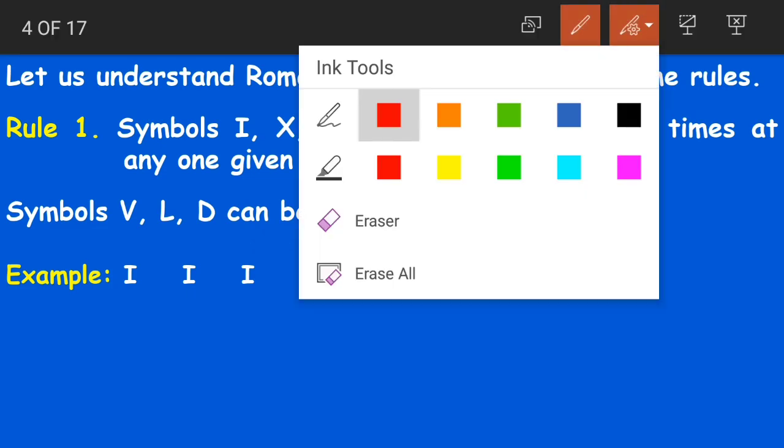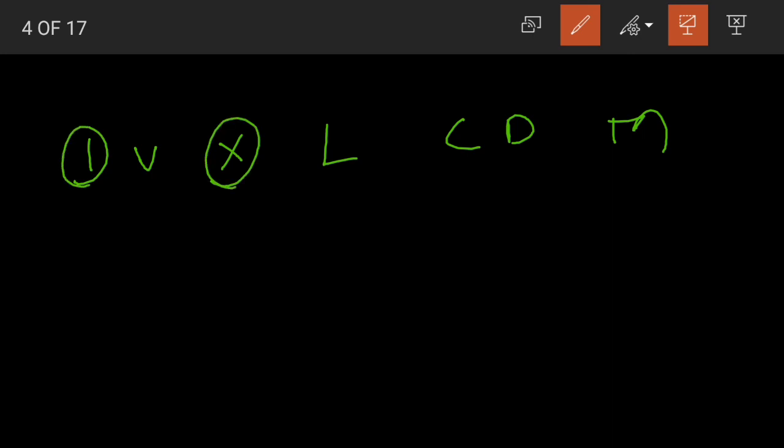Again, there is another easy way to remember this. We know these are the Roman numerals I, V, X, L, C, D, M. Now let us take the alternate symbols. Alternate means one leaving the other.